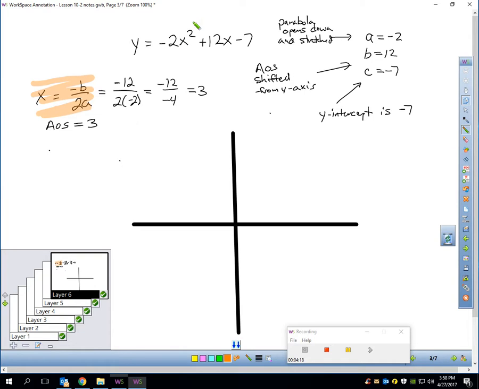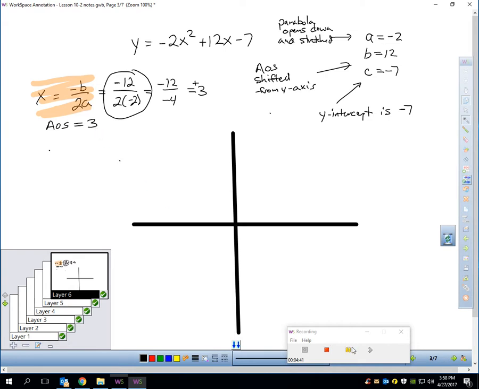So let's do that. B is 12, so I have the opposite of 12. Over 2 times a was negative 2, and you notice when I plug that in the formula, I get negative 12 over 2 times negative 2, which is negative 4, and negative 12 divided by negative 4 is positive 3. So my axis of symmetry is at 3.